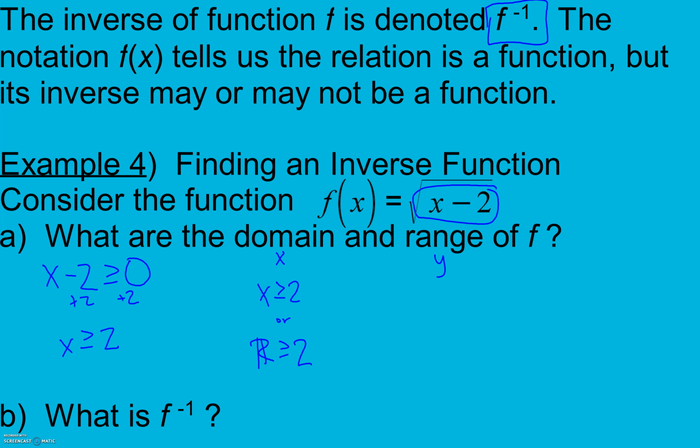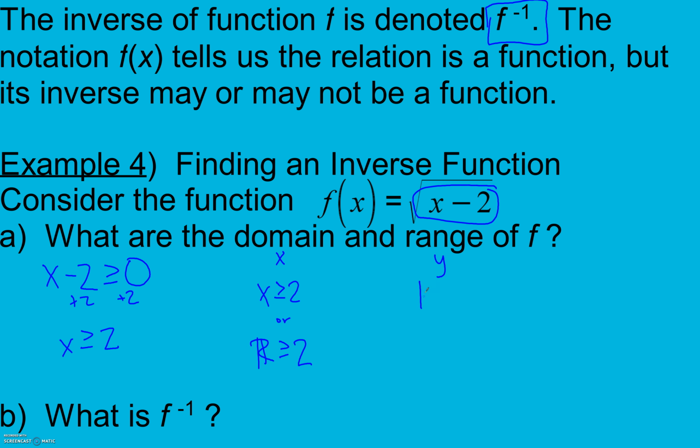For my range, that's all the outputs that I'll get. Because we have the positive square root, we can get 0, like if I plug in 2, 2 minus 2 is 0, square root of 0 is 0, or anything positive. We can't get anything negative.